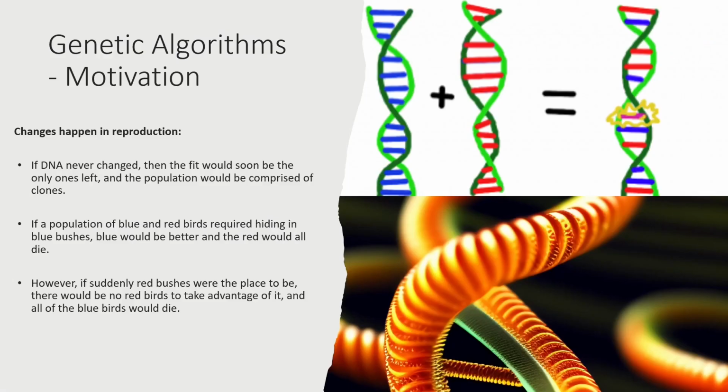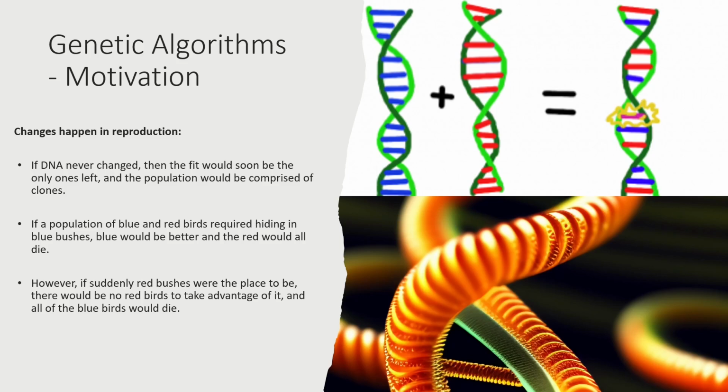So changes need to happen in reproduction. If DNA never changed, then the fit would soon be the only ones left, and the population would be comprised of clones. That's not something we want, neither in nature nor in genetic algorithms. We would like to have the fit survive, yes, but we want change as well.